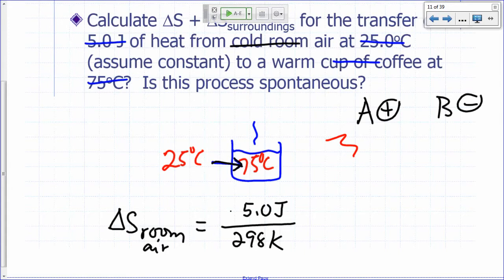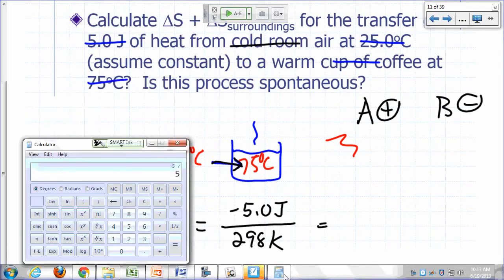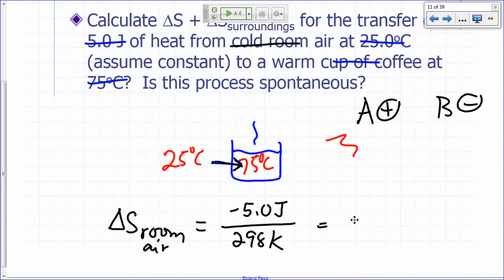Yeah, your room lost energy. It gave that energy to the coffee. So Q, heat from the room, is negative. So negative 5.0 over 298. 5 divided by 298 is 0.0168, negative 0.0168 joules per Kelvin. As expected, the entropy of the room went down. Heat left the room, right?